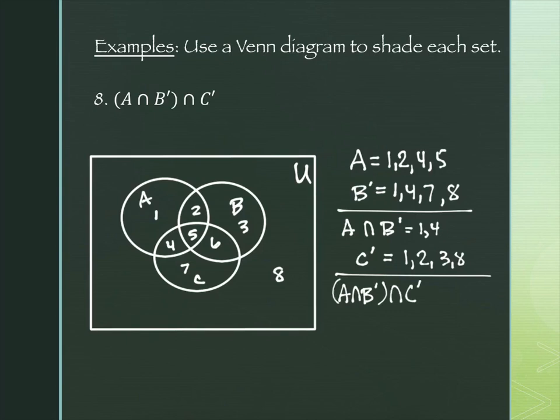And intersection means what they have in common. So looking at those two lists that are in between the horizontal lines, what do they have in common? 1, and nothing else, right? Nothing else. So my shading just looks like that. It's a puzzle. You can do it.